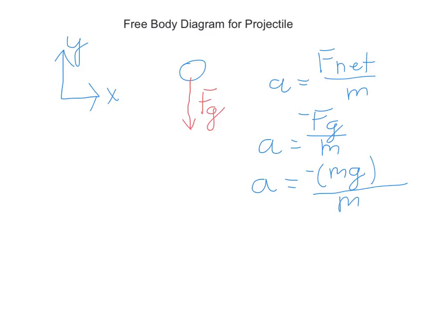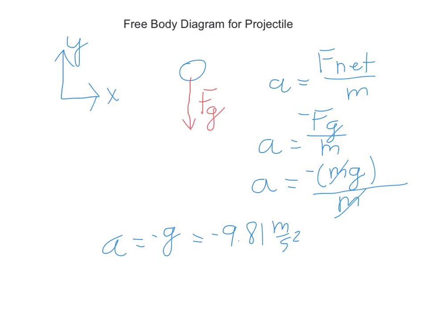And then this is what I would have. You'll notice that I have the same mass in the numerator and denominator, therefore they cancel, and I'm left with the acceleration of this projectile is equal to negative g, or negative 9.81 meters per second squared.